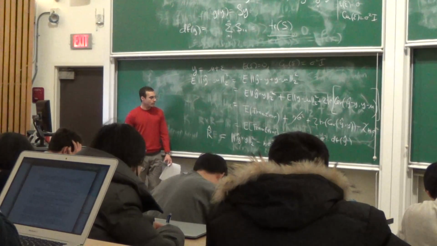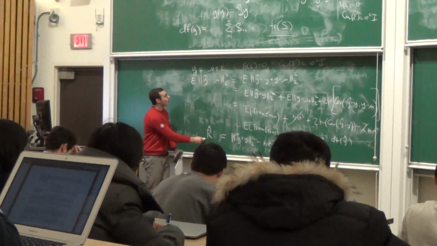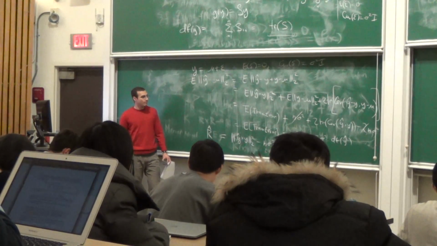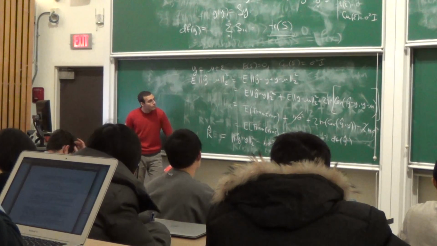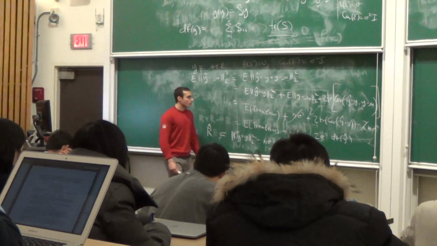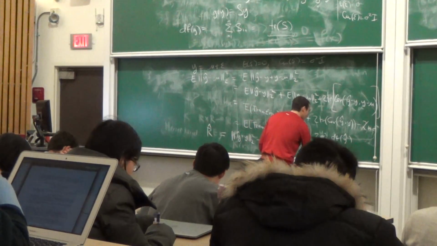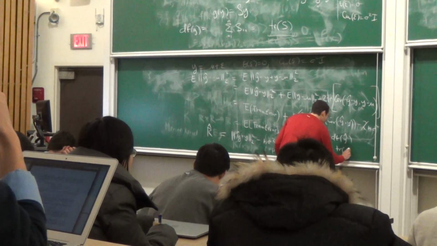Right, it's a random quantity. Then the expected value of r hat is just the risk. Right? So for linear smoothers, that's just the trace.